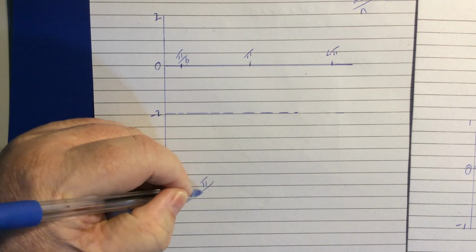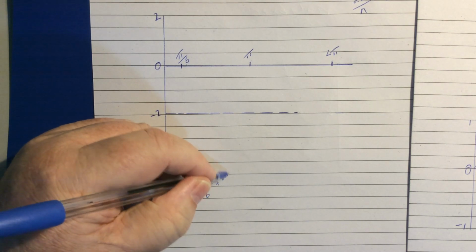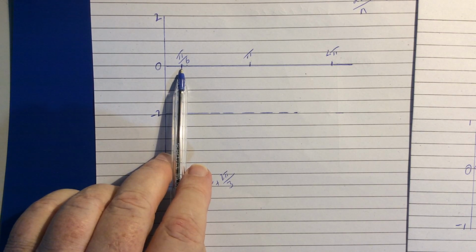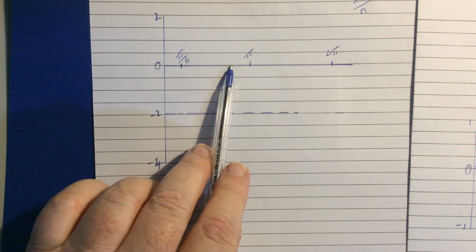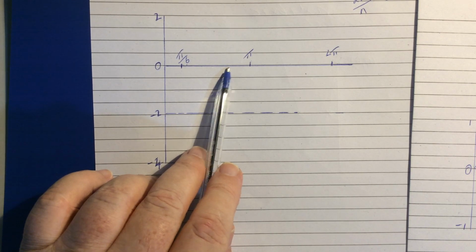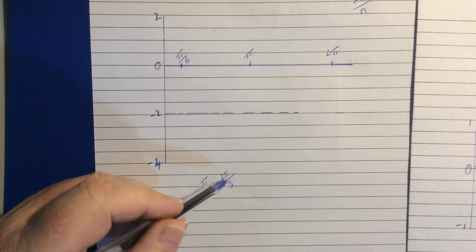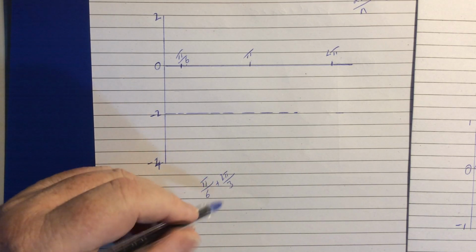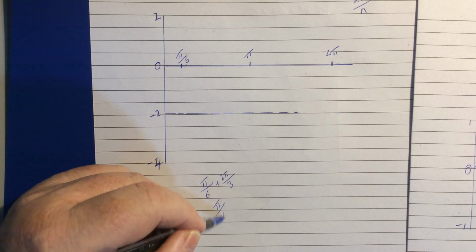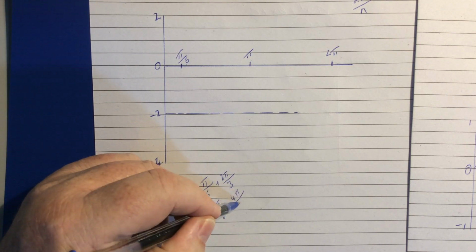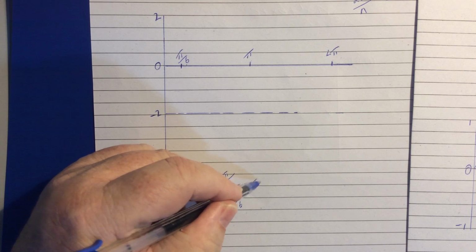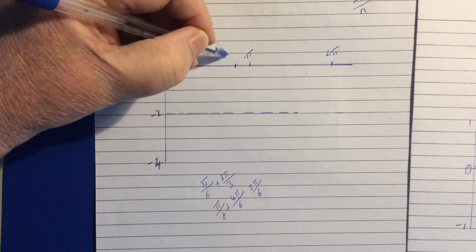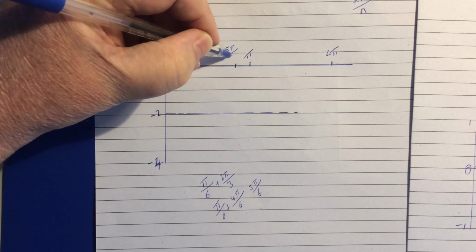So pi on 6 plus 2 pi on 3, which is the period. We're going to calculate the distance between here and the next point at which it strikes this x-axis. So 2 pi on 3 is the equivalent of 4 pi on 6. So that's pi on 6 plus 4 pi on 6, which is 5 pi on 6. Now 5 pi on 6 is about there. So we'll say 5 pi on 6.